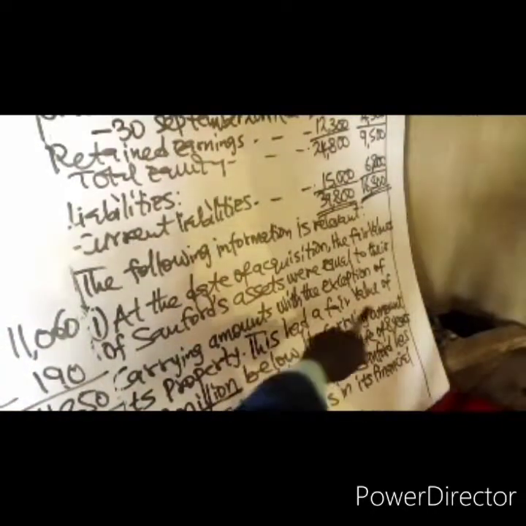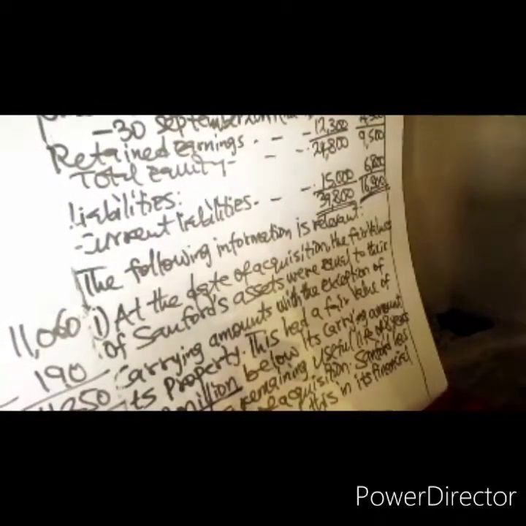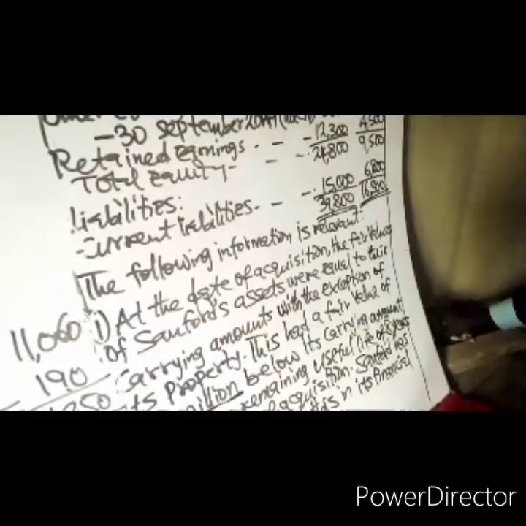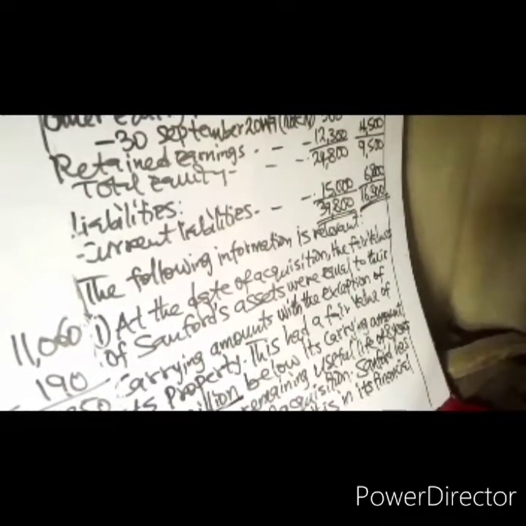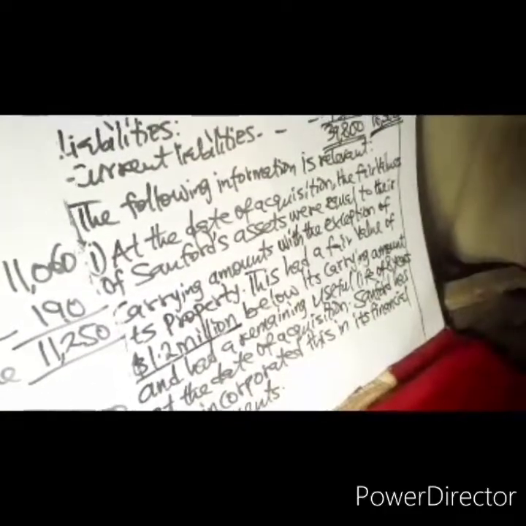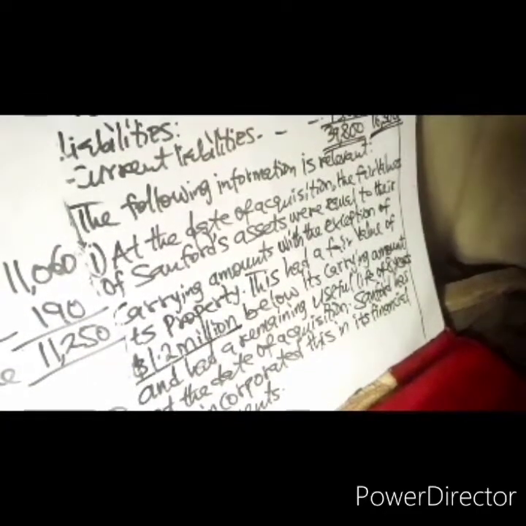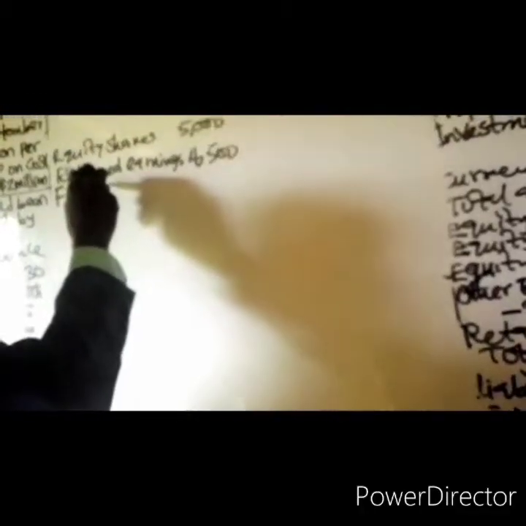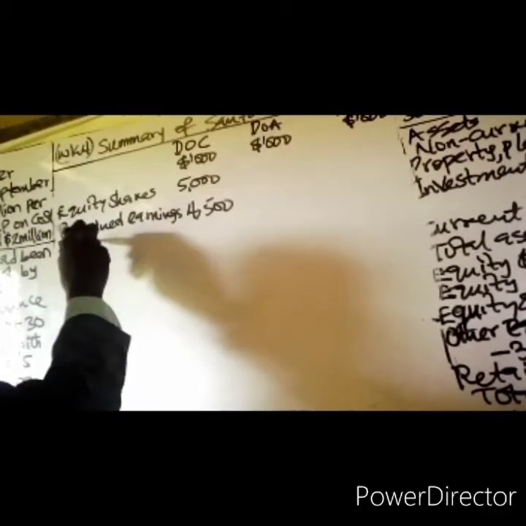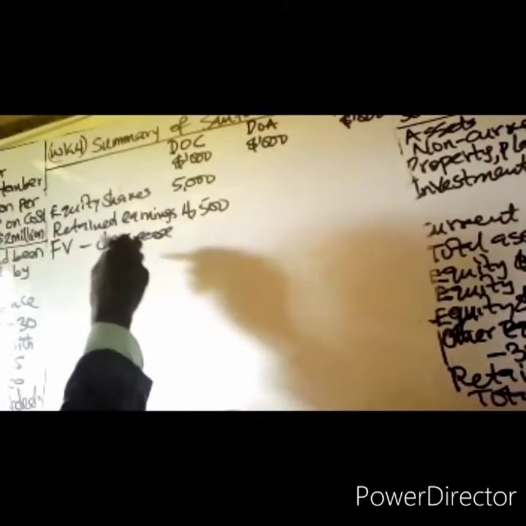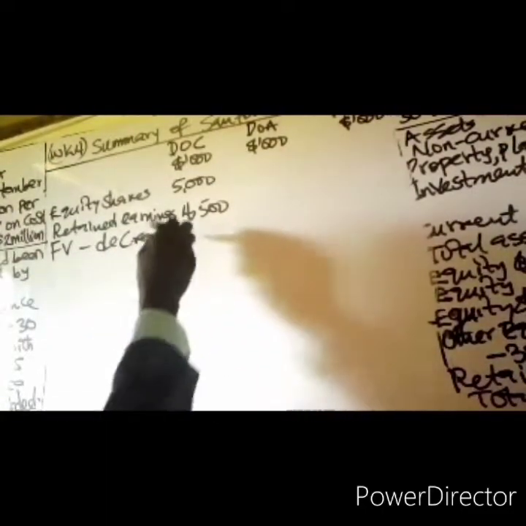This had a fair value of 1.2 million below its carrying amount and had a remaining useful life of 8 years. That means there is a fair value deficit. I've told you that you have to put fair value adjustment, fair value deficit or decrease. You have a fair value decrease of 1.2 million.